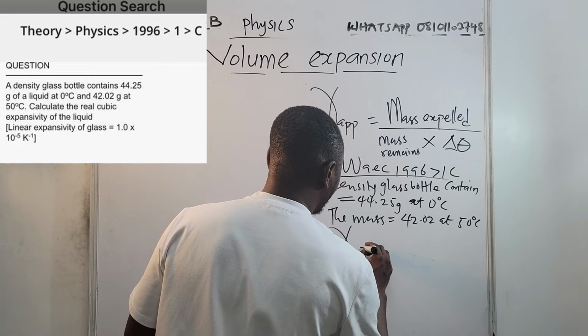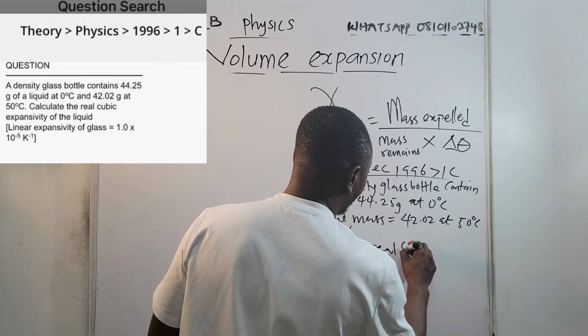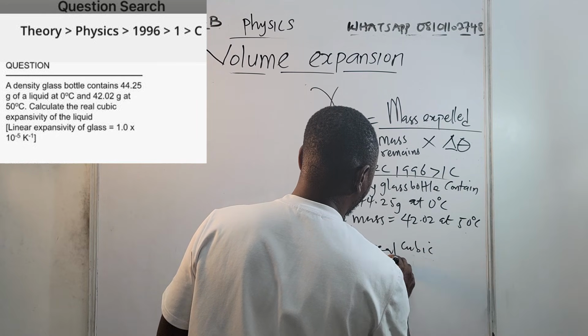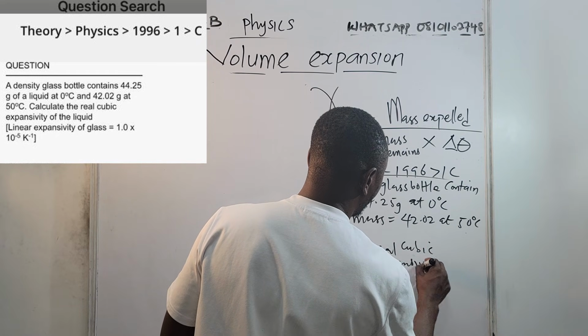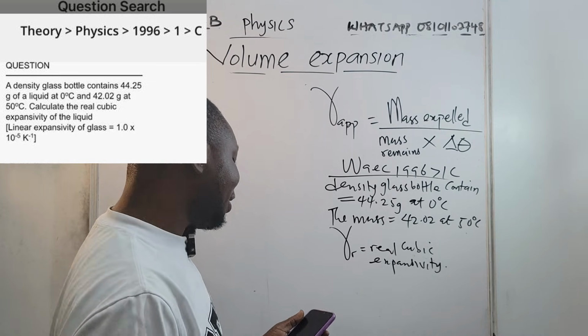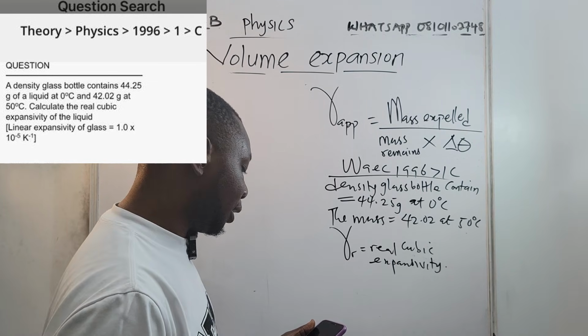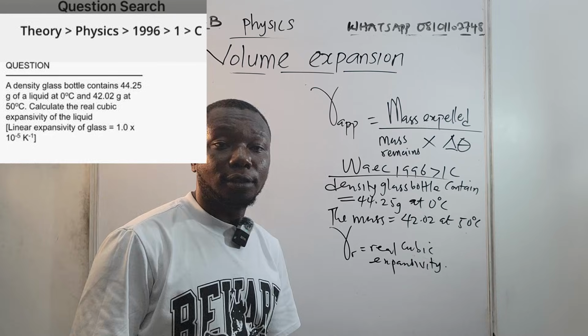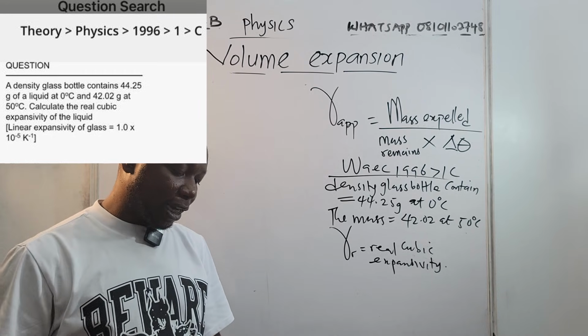Now, gamma R is the real cubic expansivity. So we don't know it. Now, we also have the linear expansion of the glass. So the glass undergoes a linear expansivity.